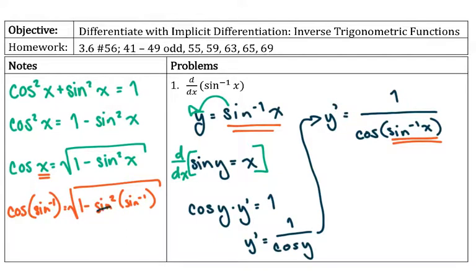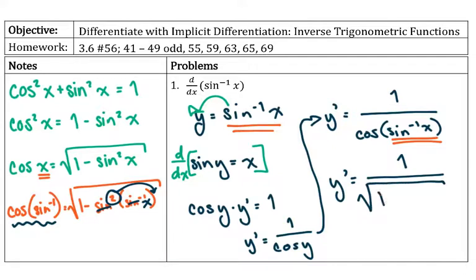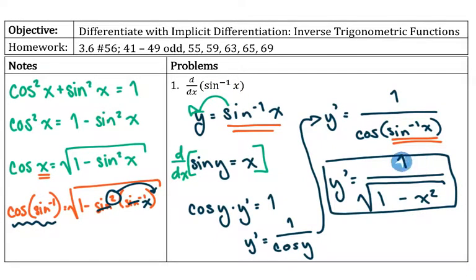The sines cancel out, leaving behind a squared and an x. So this will be the one that you recognize more: we replace cosine of sine inverse with root 1 minus x squared. And this is probably the derivative that you recognize for sine inverse: 1 over root 1 minus x squared. So this is a really long way to go through these problems.